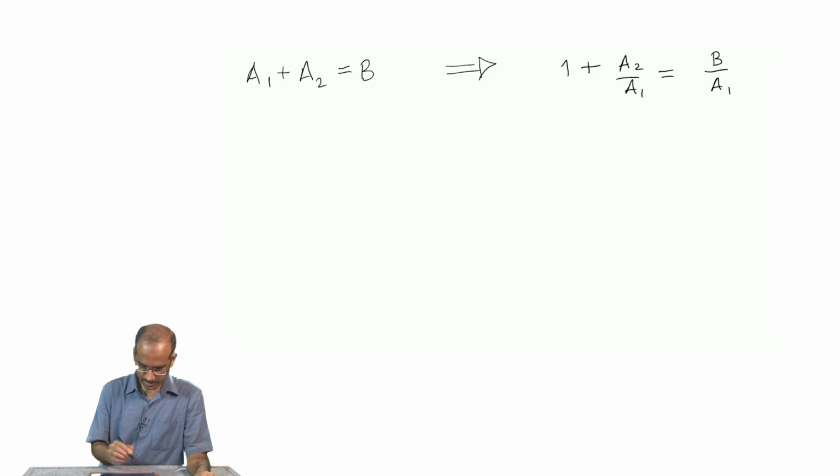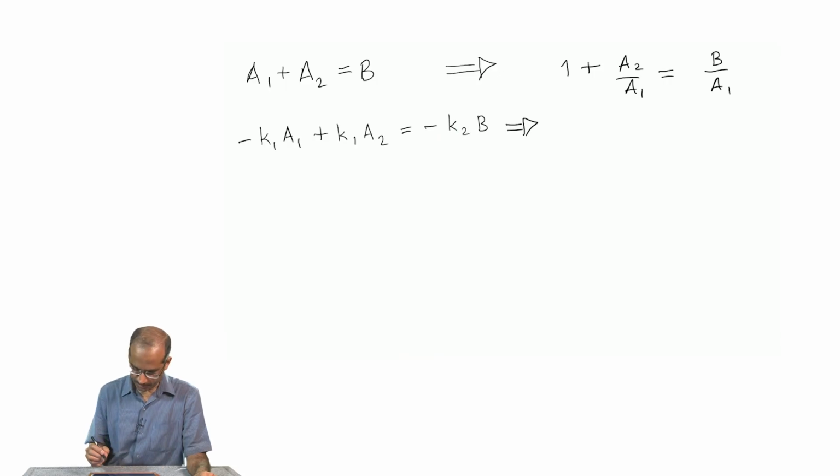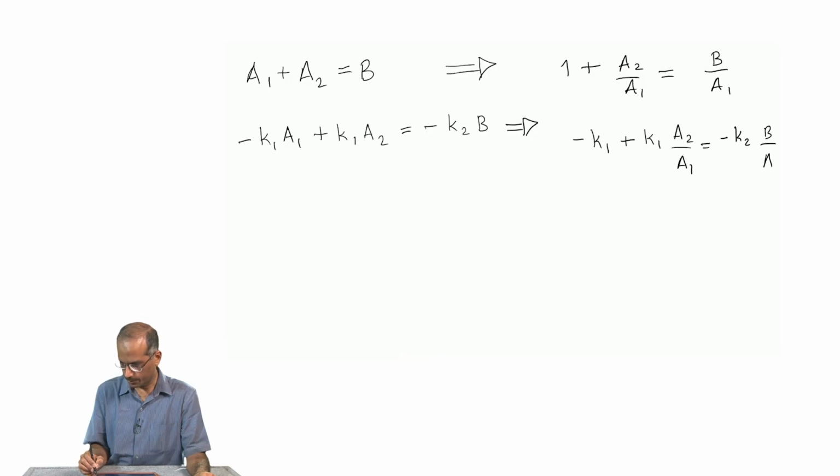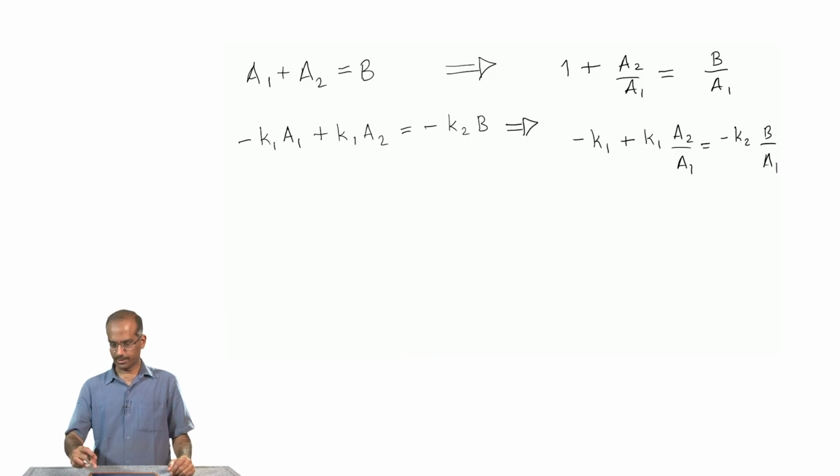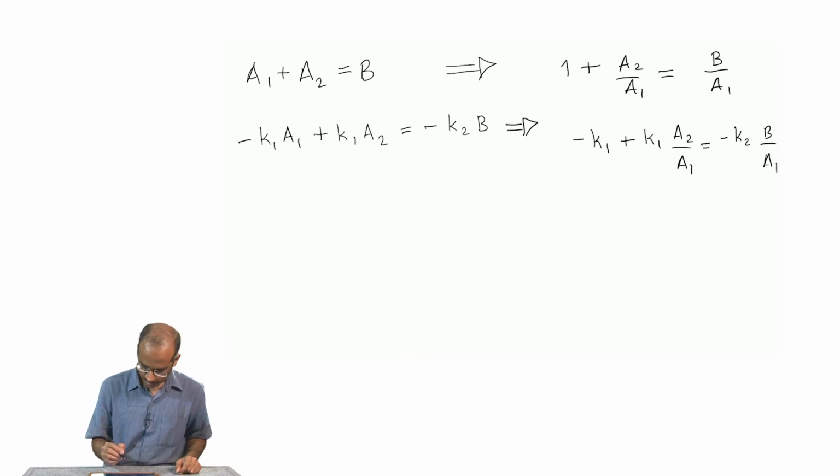Second of the equations is that minus K1 A1 plus K1 A2 equal to minus K2 into B, and that will give me minus K1 plus K1 into A2 by A1, which is equal to minus K2 into B by A1. Okay, so, we will keep these 2 equations aside for the moment, we will come back to this, but let me focus for a moment on this second equation.